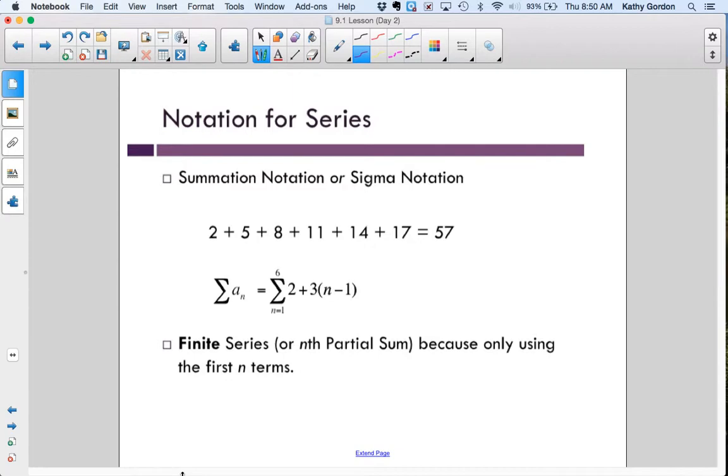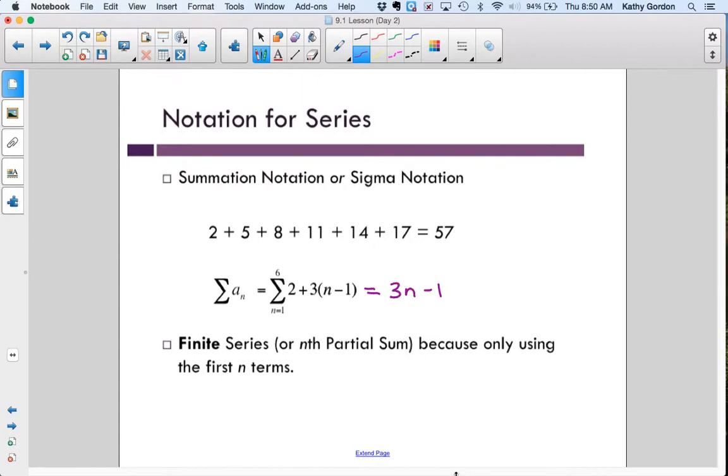One form of the function is this: 2 plus 3 times (n minus 1), which if you simplify it, ends up being 3n minus 1, which is what we came up with last class. Okay? So we're saying I want the sum of this 3n minus 1 function that we came up with for the sequence that we're trying to add up.